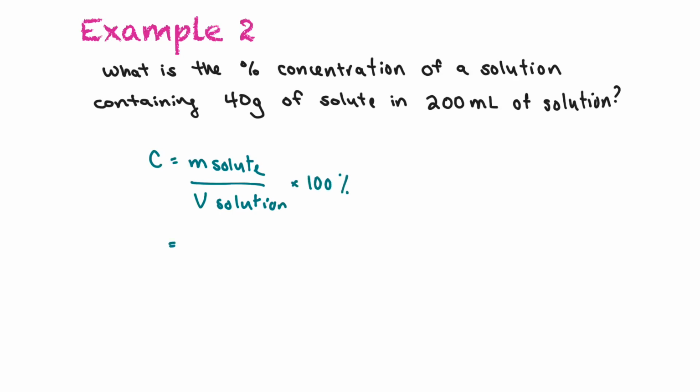That's equal to 40 grams in 200 milliliters, times 100. We put those numbers in: 40 divided by 200 times 100, and you get 20% concentration.